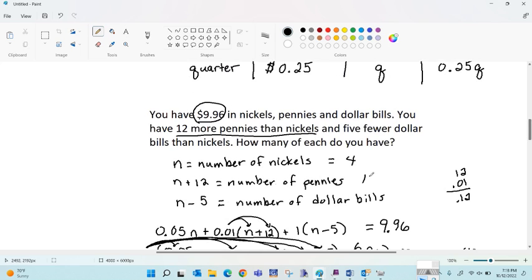I have 16 pennies because I did 4 plus 12, 16 pennies. And I have 4 minus 5. That's a problem. I have negative $1 bills.